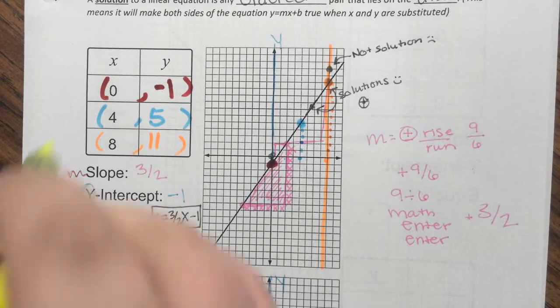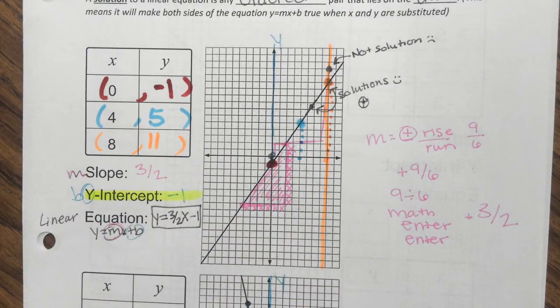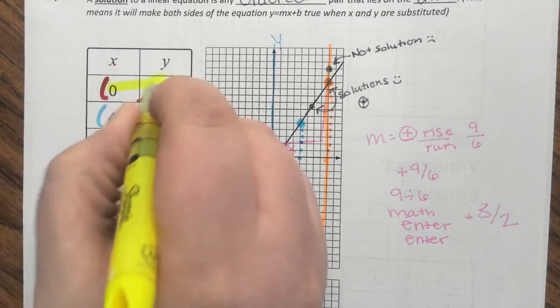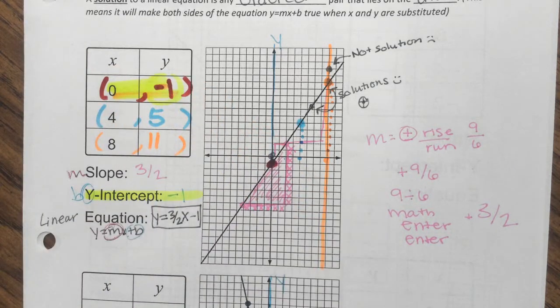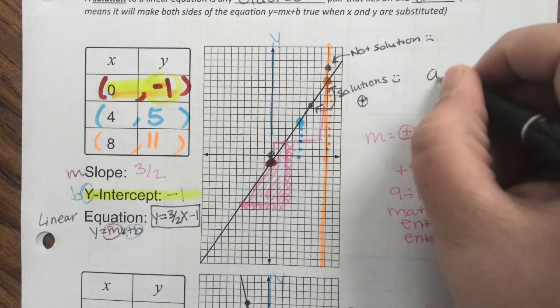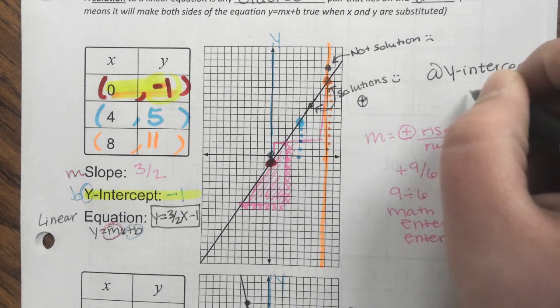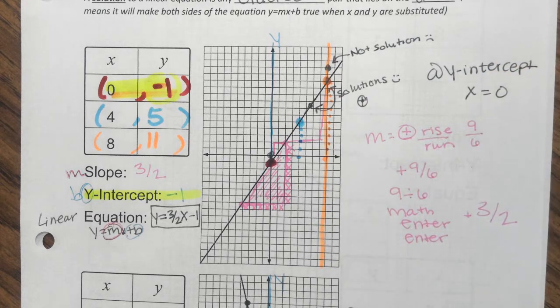I know that the y-intercept is -1. Here's the y value of -1. So this is the ordered pair for the y-intercept. And notice that the x value is 0 here. So at the y-intercept, x is equal to 0 again.